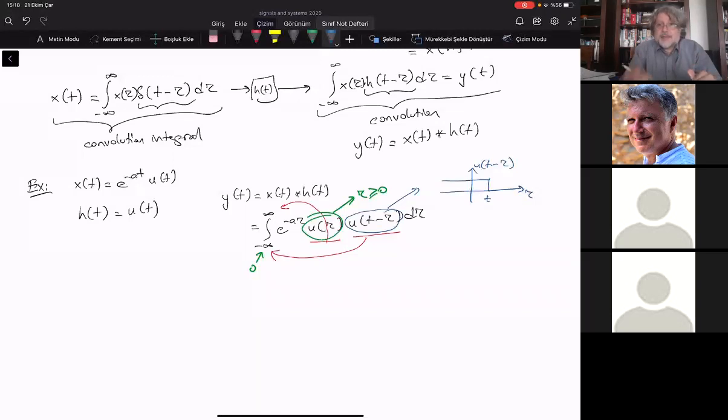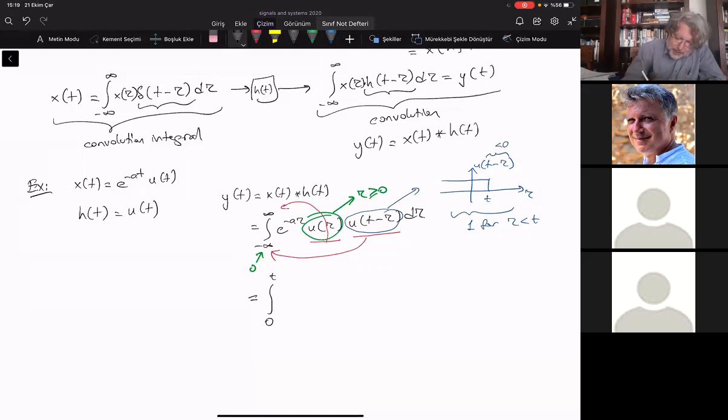But if tau is greater than t, notice that t minus tau becomes negative, less than 0, which means the u function becomes 0. So this is 1 for tau less than t. So tau must be greater than 0, and it must be less than t, right? That's interesting. So I change the integration from 0 to t.